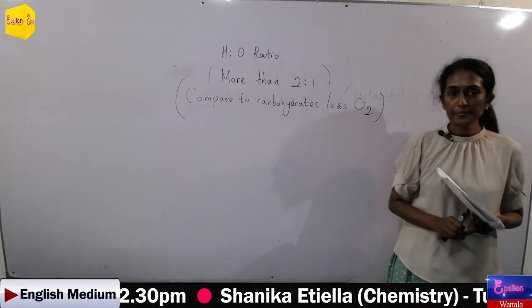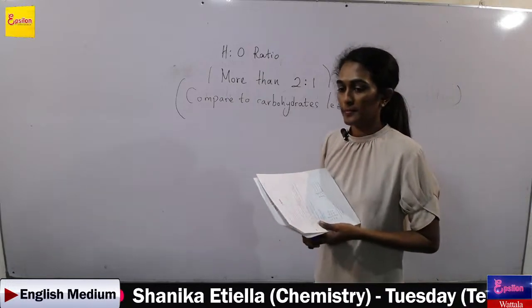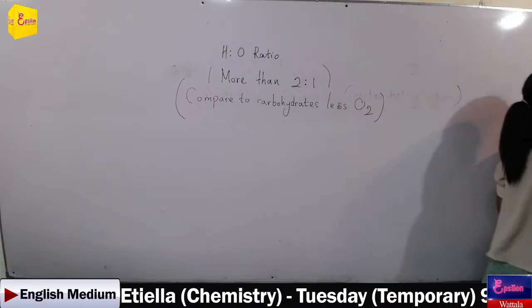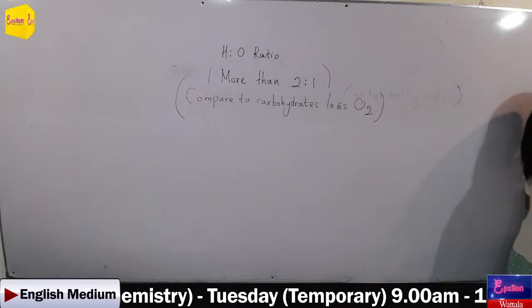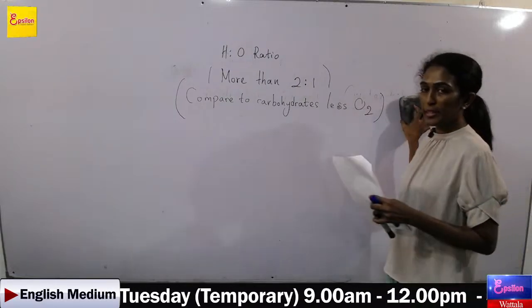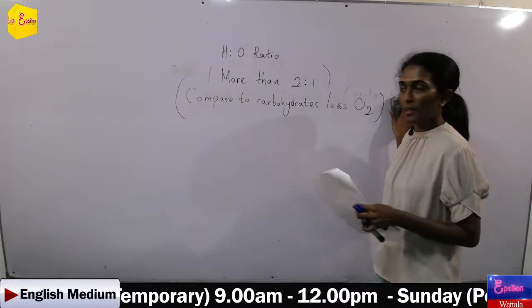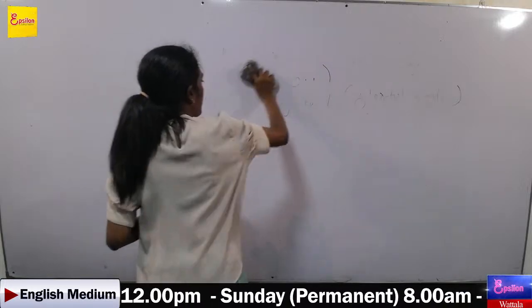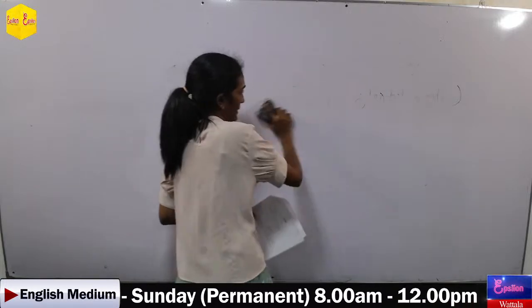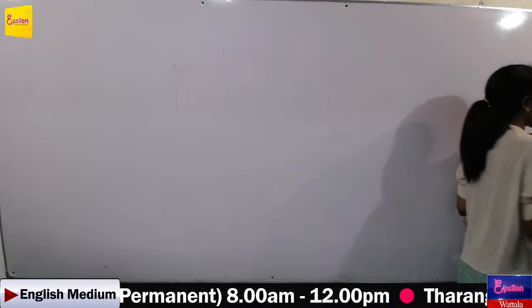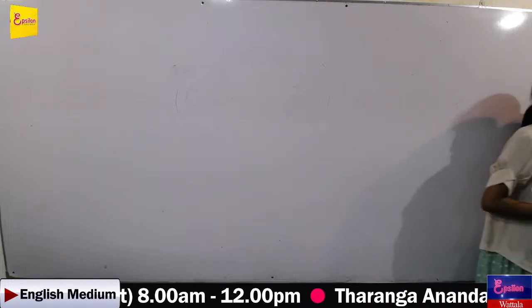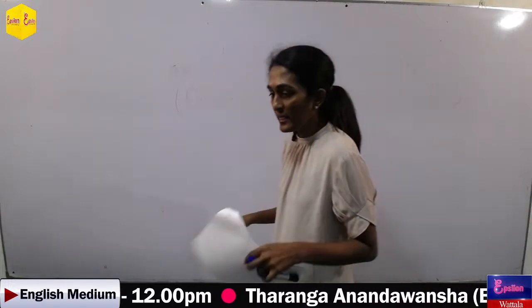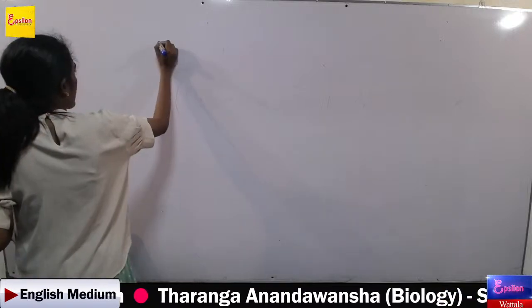Hari, amazing. Are you all done? All right. So I'm going to talk about the types of lipids. There are three types of lipids we will be learning: fats, phospholipids, and steroids.